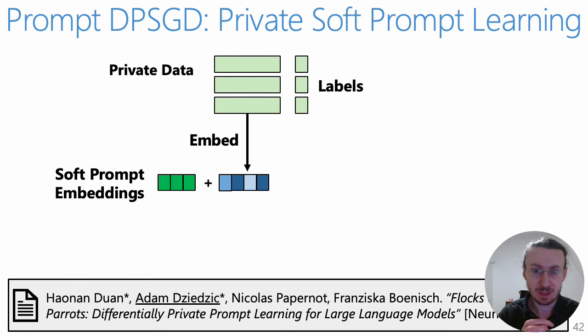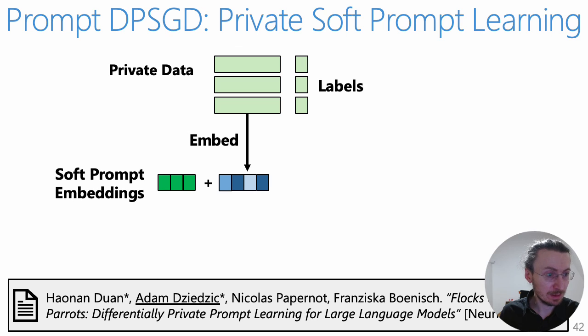And now, how do we incorporate DP-SGD into the training of the soft prompts? So we start from our initial parameters for soft prompts. We also have our private data with labels. So we provide the private example like the hard prompt and the embedded. So this is this part. And the embeddings for the private data are appended to the parameters of the soft prompt.